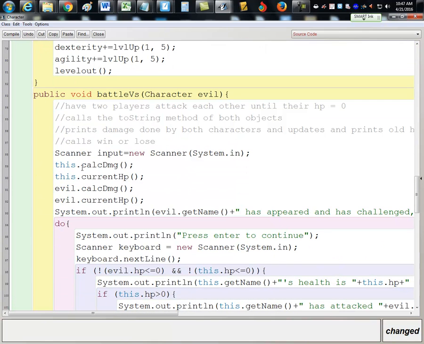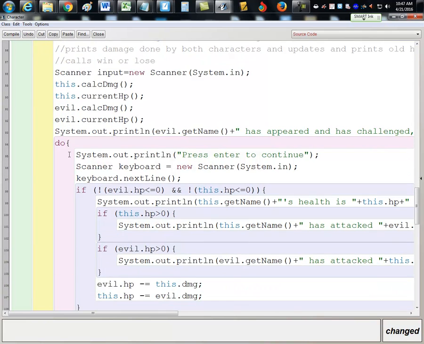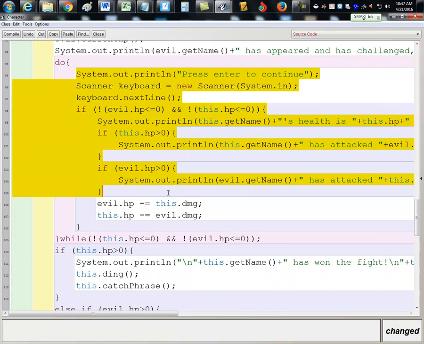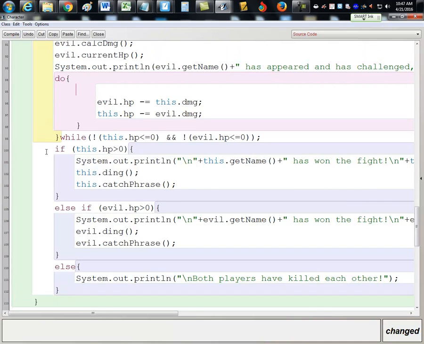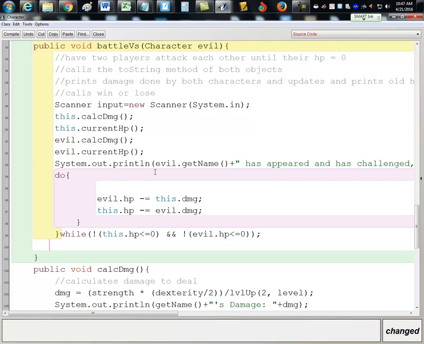My battle, you can literally just do this. Right there. That's all you need. Calculate the damage, calculate the HP, fight until someone dies, and then that's it.